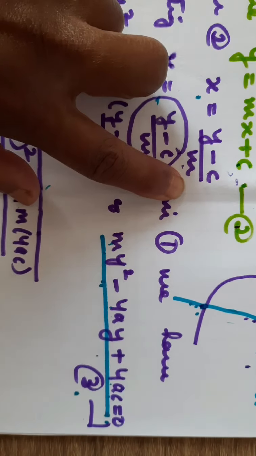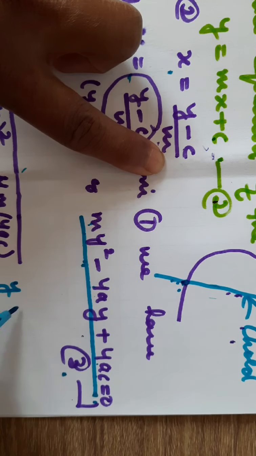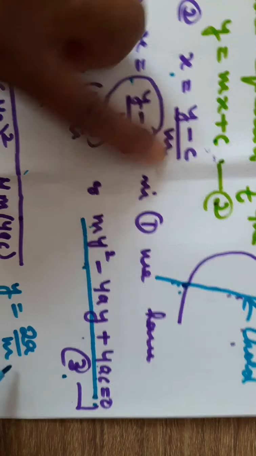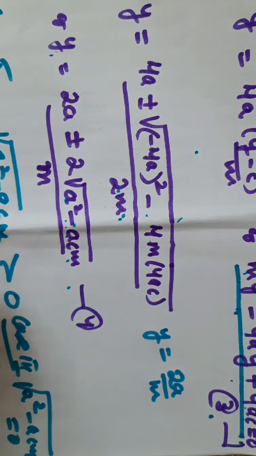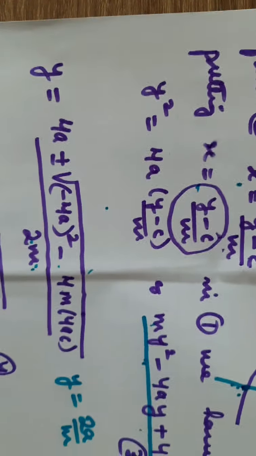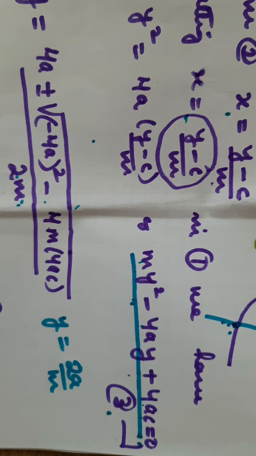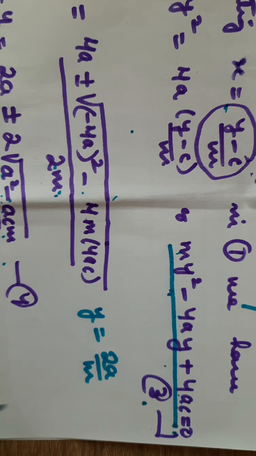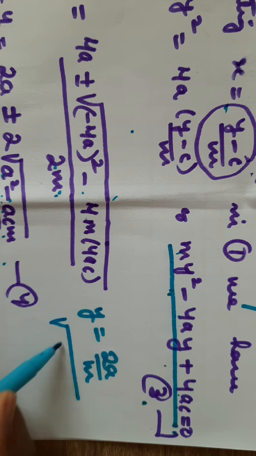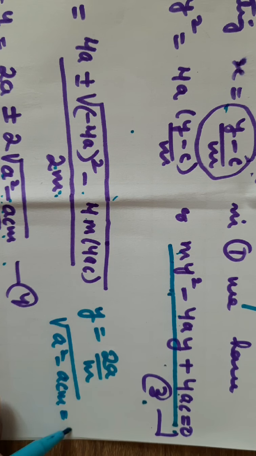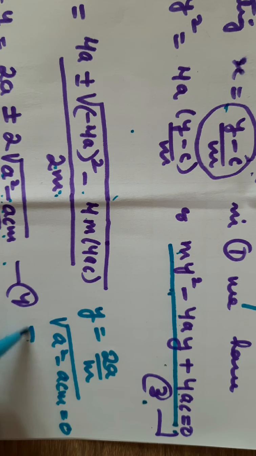Now, since we have got the value of y as twice a by m, from this equation, square root of a square minus acm is equal to 0, we can have a square minus acm also equal to 0.